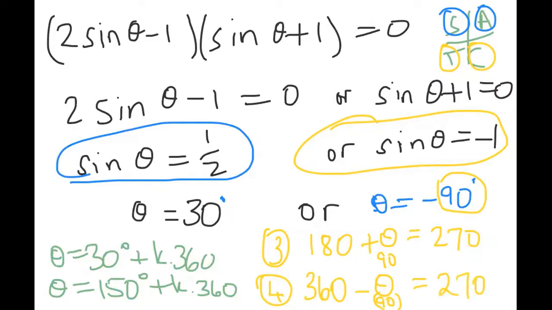So both give 270. So the answer is, we have this 30, we have the 150, and also 270 is our answer. And again, never forget this last part here, the plus k times 360. So we have 3 solutions for this question.